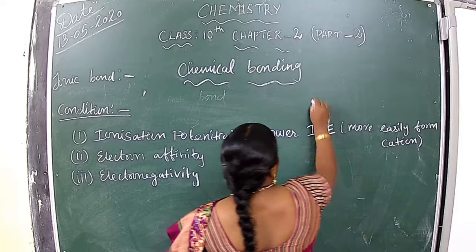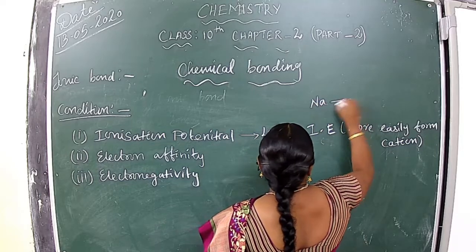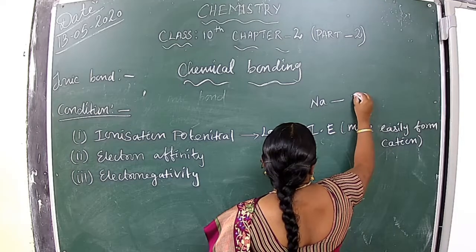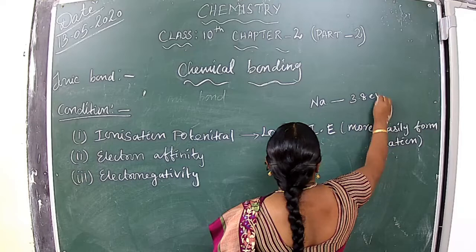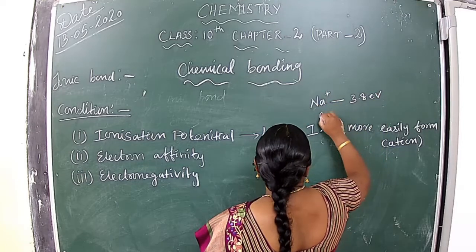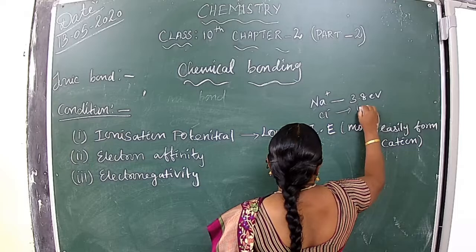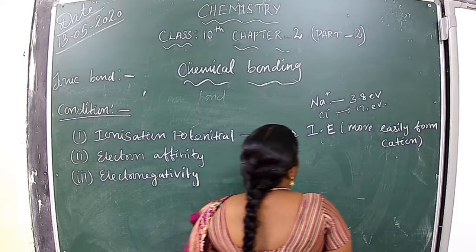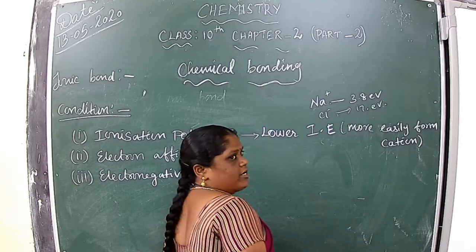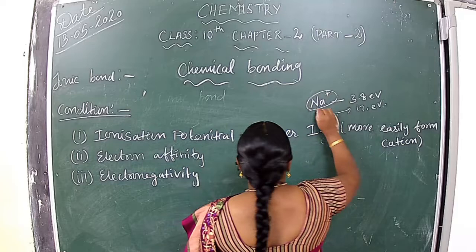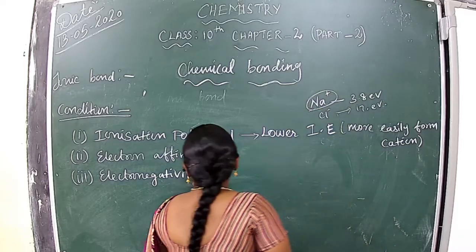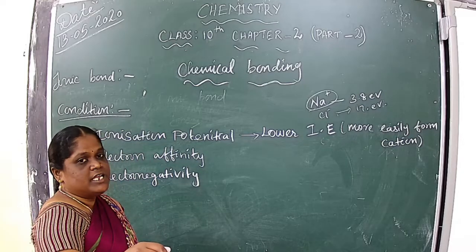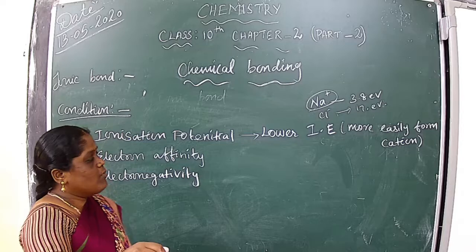For example, Na is about 3.8 electron volts for formation of Na+, and chlorine is about 17, so the lower one more easily forms the cation. Metallic elements form cations. A lower ionization potential means more easily formed ionic bonds.